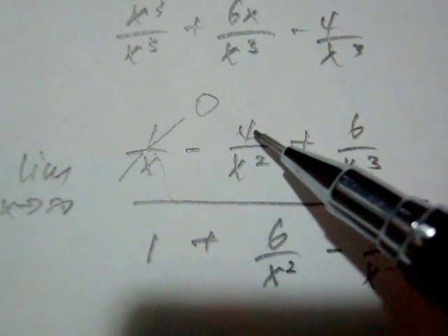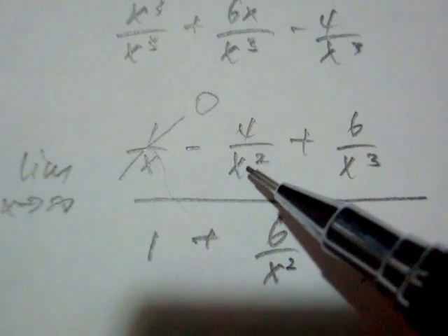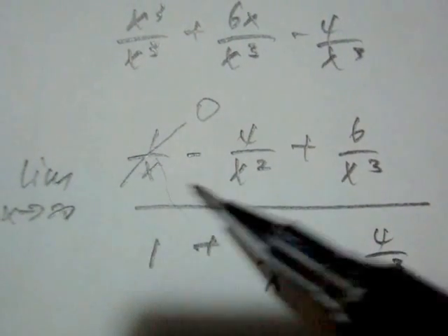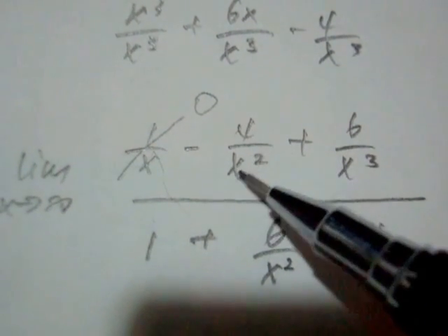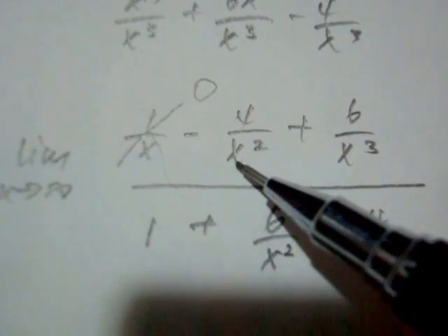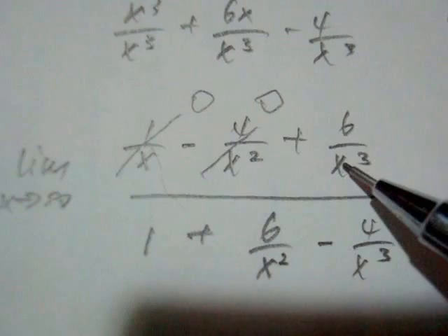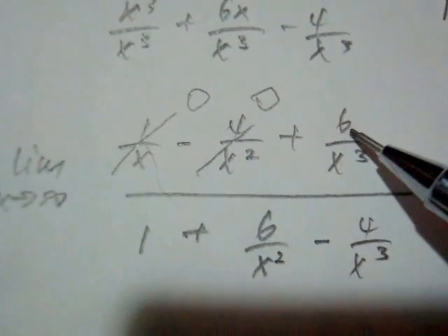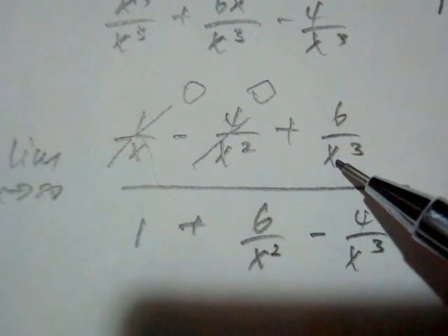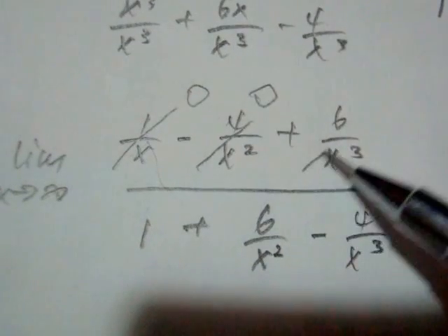It's the same thing for 4 divided by x squared, because if you take 4 divided by a very large number, like almost infinity, you will reach 0. It's the same thing for 6 divided by a very large number. It will be 0 too.